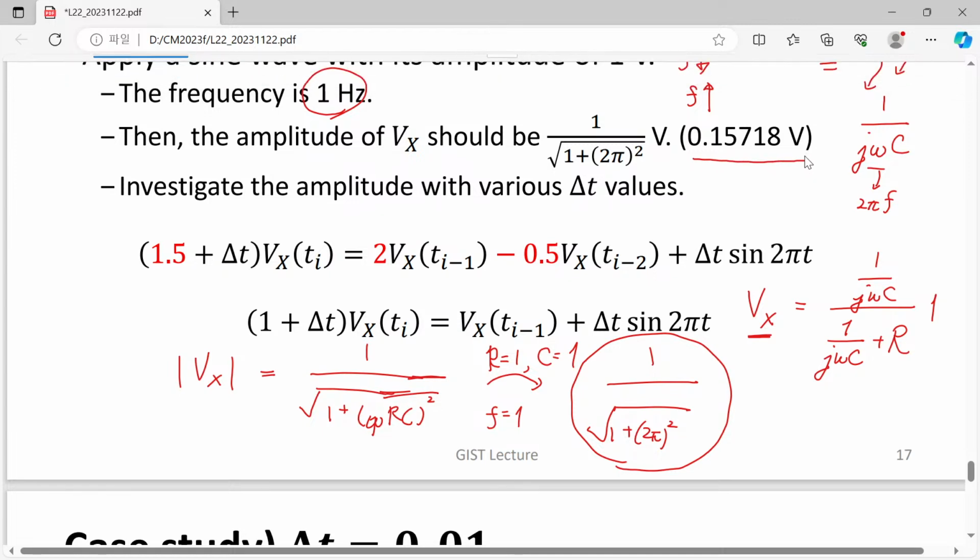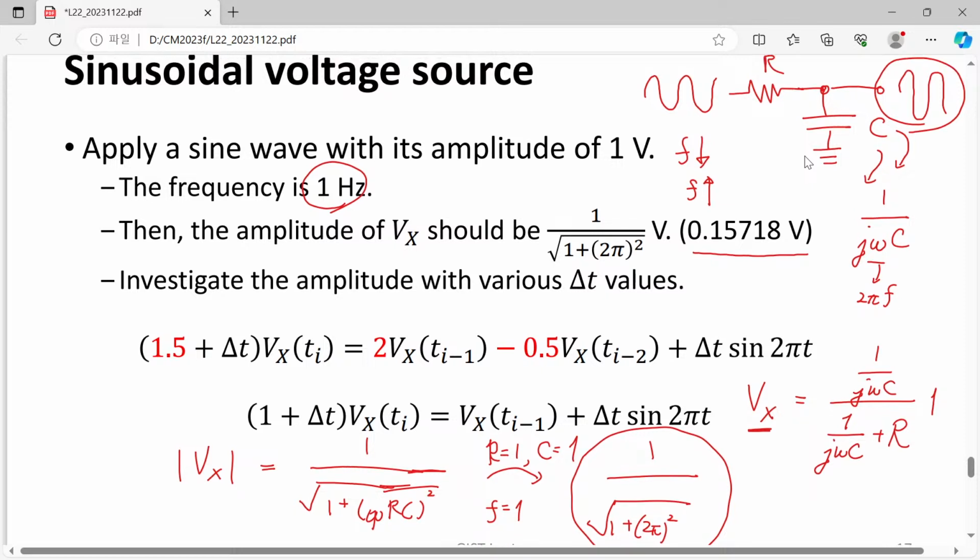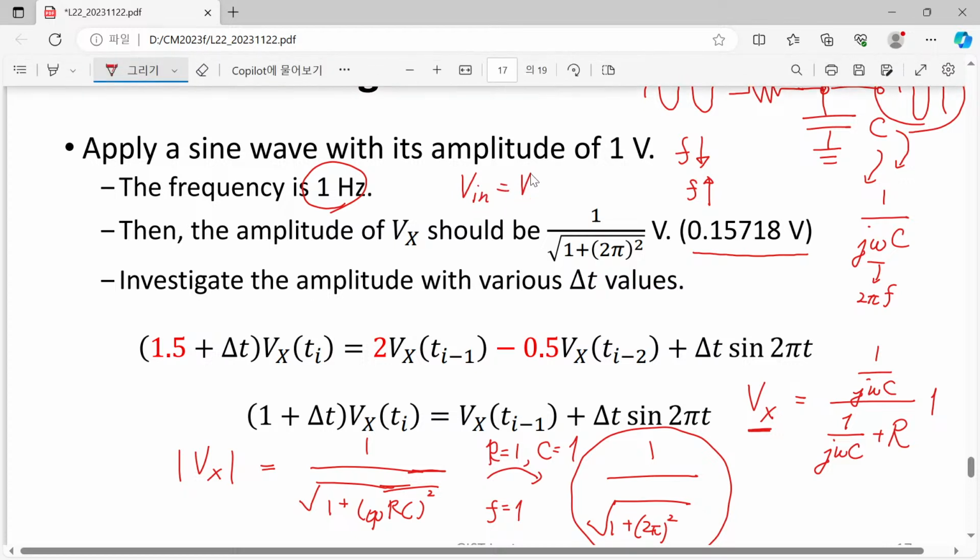So now let's try to simulate this case. The only difference is that previously we said V in equal to VDD for every case, but now it is no longer the case. We have to keep the value of V in. Can you see it here?